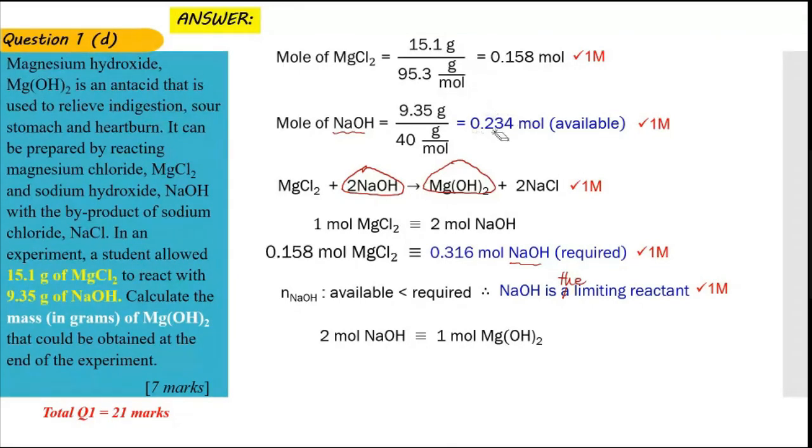You must not use this value because this is theoretical. This is practically available, or what is given to react. So the equivalent mole of magnesium hydroxide is this number 0.234 divided by 2, and you get the mole of magnesium hydroxide formed. Remember always use the given or available amount to calculate the amount of product.